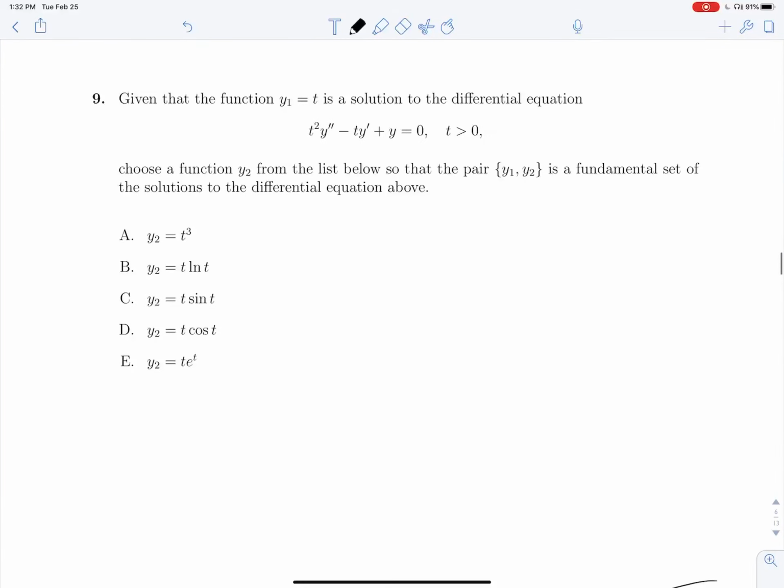Question 9, given that the function y1 is equal to t as a solution to this differential equation, we're trying to find y2 such that the pair y1 and y2 is a fundamental set of solutions for the differential equation.